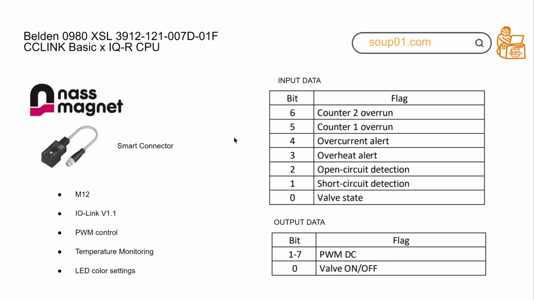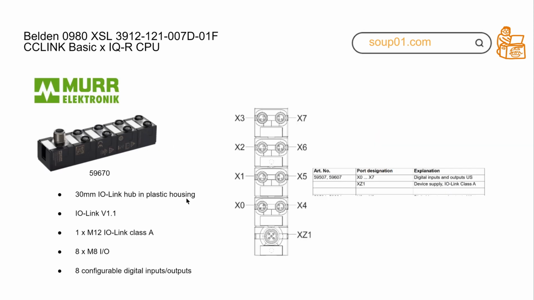Here is some information about the IO-Link devices I'm using this time. For example, this one is a smart connector from Nasmatic. It's M12 and IO-Link version 1.1 with PWM control, and also has temperature monitoring and LED color display.